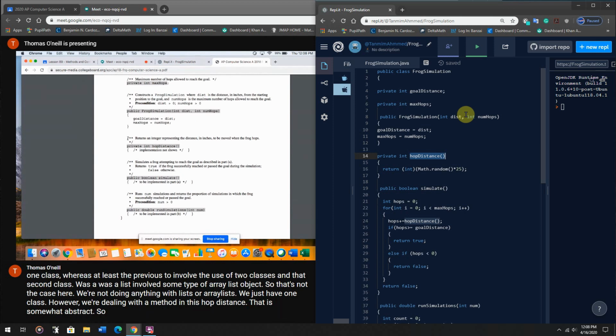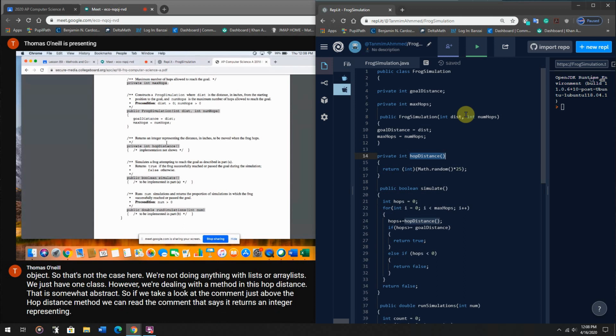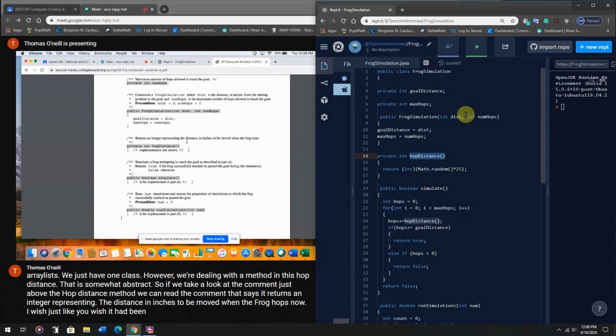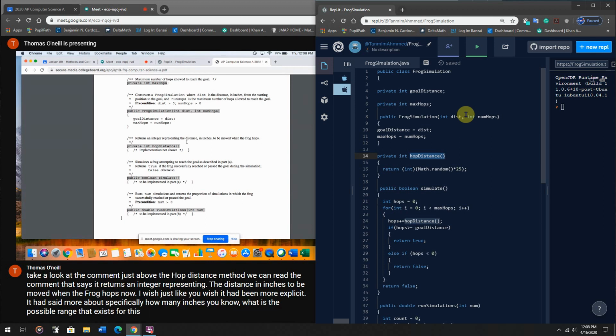If we take a look at the comment just above the hop distance method, we can read the comment that says it returns an integer representing the distance in inches to be moved when the frog hops. Now, I wish, just like you wish, it had been more explicit. It had said more about specifically how many inches, what is the possible range that exists for this hop distance method?